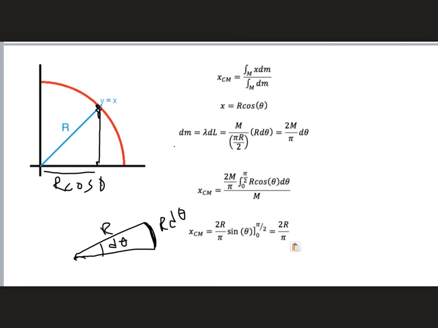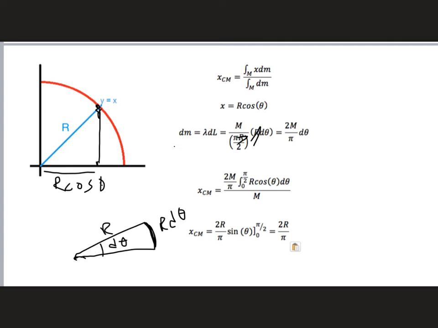And I can simplify this. I can see immediately that, for example, those r's cancel out, and the 2 can flip up top. And I'm left with 2m over pi times d theta. That's the amount of the segment dm contained in a little arc of angle d theta.